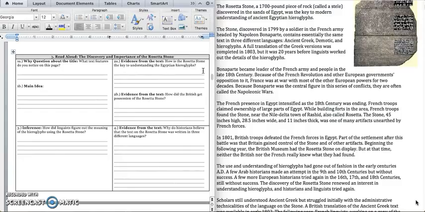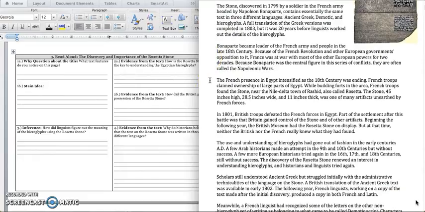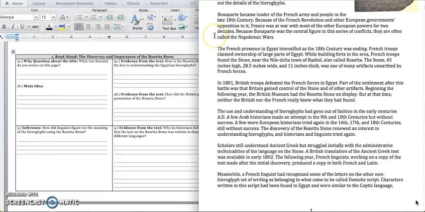And we want to know, how did the British get possession of the Rosetta Stone? Okay, so now the French have it. It's 1803 and the French have it. Bonaparte became the leader of the French army and people in the late 18th century.